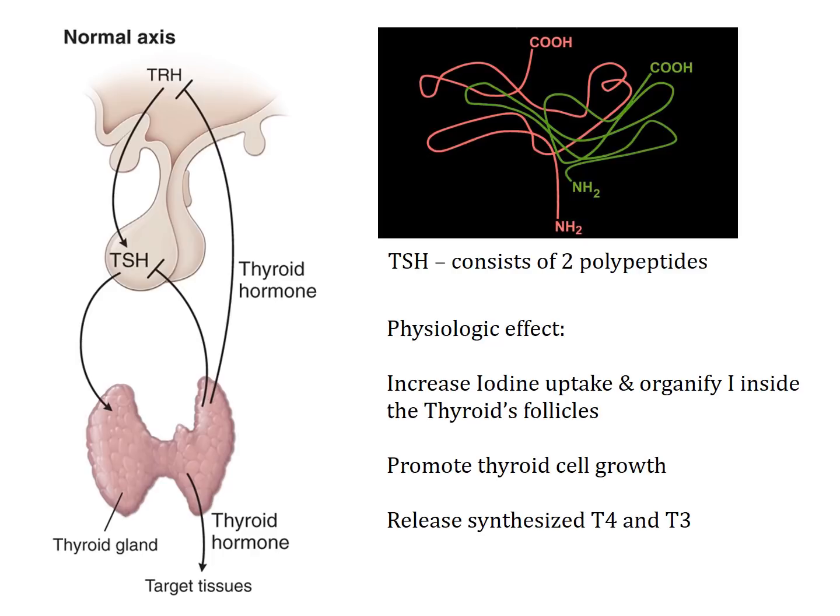Here is the hypothalamic pituitary thyroid axis. Out of the hypothalamus comes the releasing hormone called TRH. TRH is released into that capillary portal to the anterior pituitary gland, and it stimulates the anterior pituitary gland to secrete and release TSH, thyroid stimulating hormone.